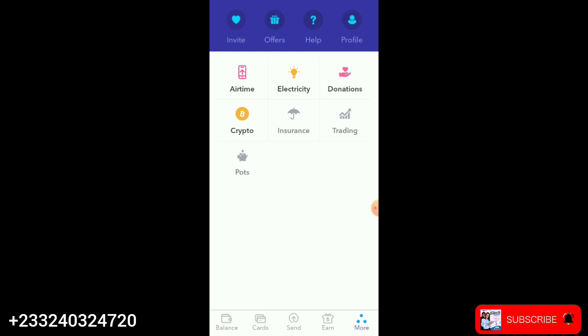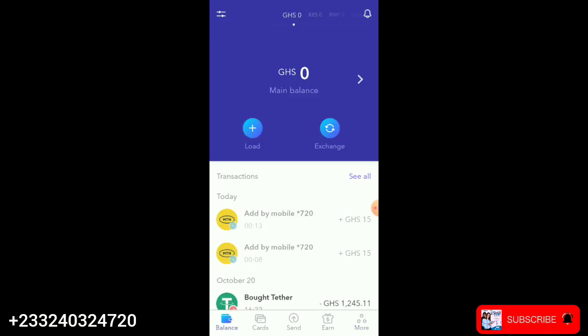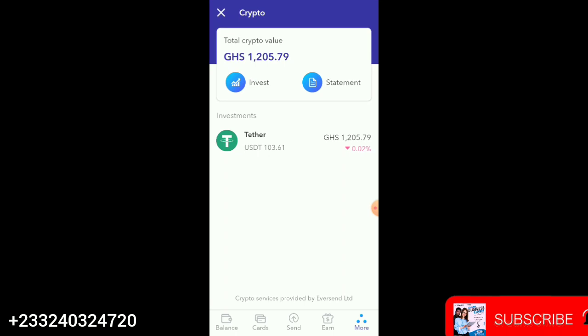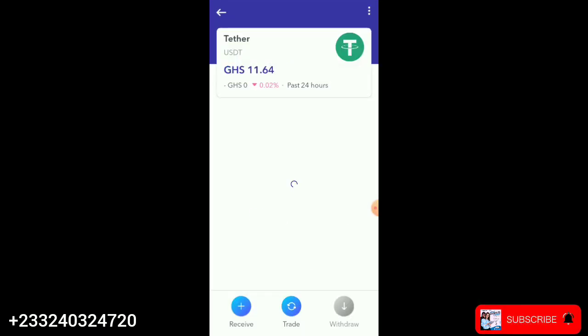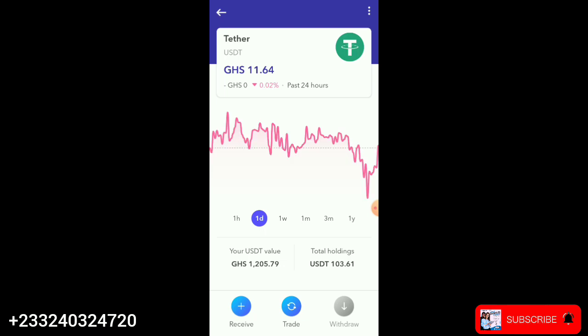Because if it's not working, how will I even deposit 1,000 Ghana cedis in my USDT? If I know that the withdrawal is not working, I will not be cheap to deposit that money in my USDT.